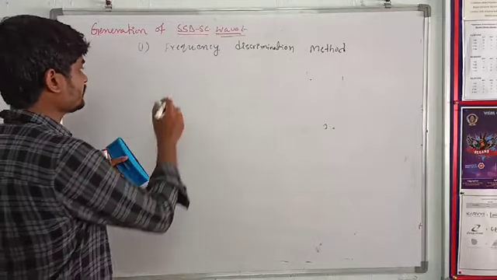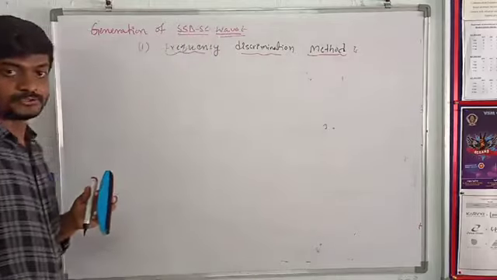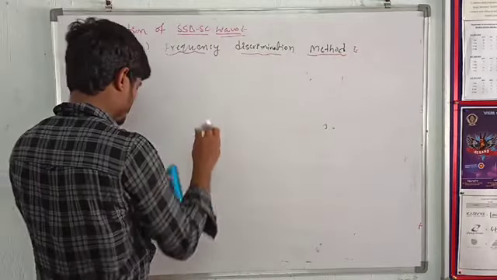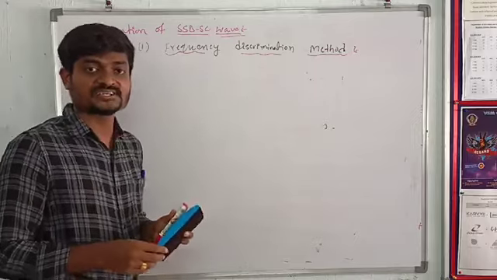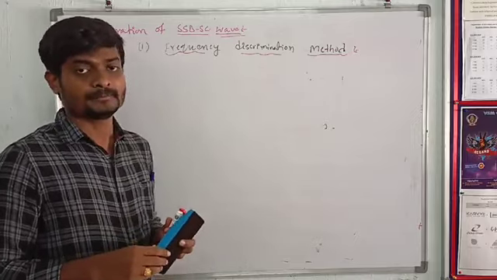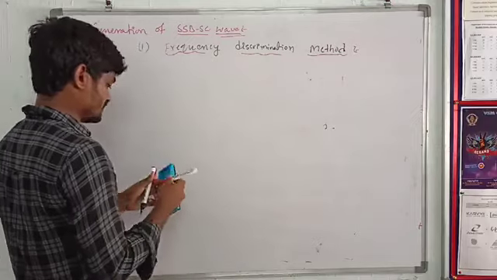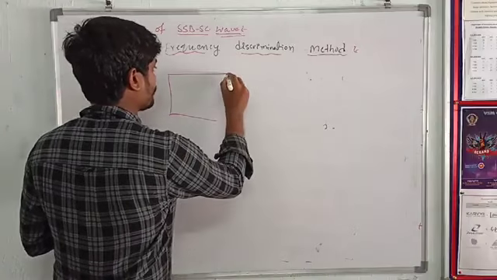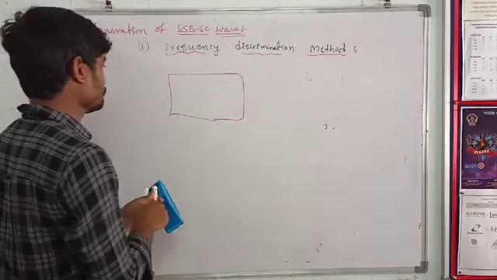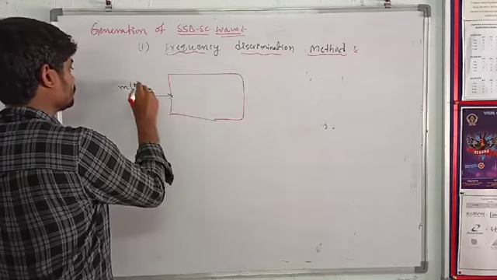In the frequency discrimination method, we can generate a DSB-SC signal and pass it to the band pass filter. You can design the DSB-SC wave, that is the first one. Product modulator, this is the m of t signal.